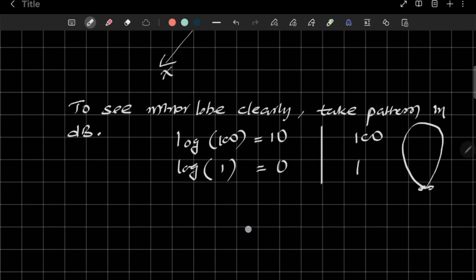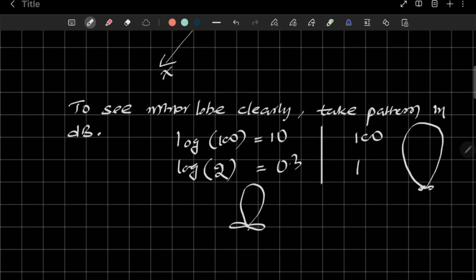So if you represent it, the minor lobes can be represented clearly, noticeably we are able to do. If you are confused with 0, you can take here 2, otherwise logarithm of 2. Okay. So some other value, we will get 0.3 like that. So the gap is reduced, so we can clearly observe these minor lobes also.